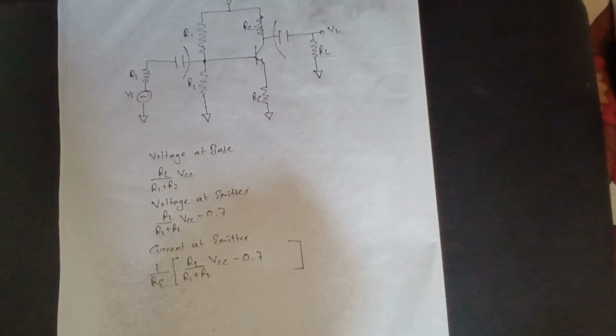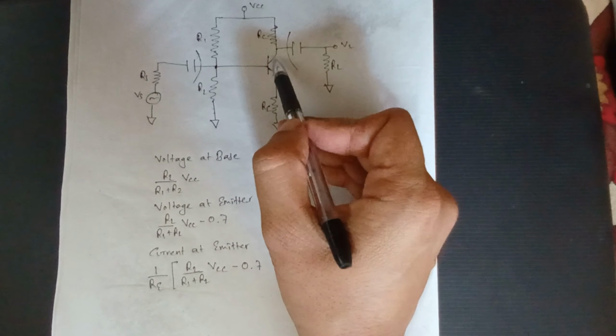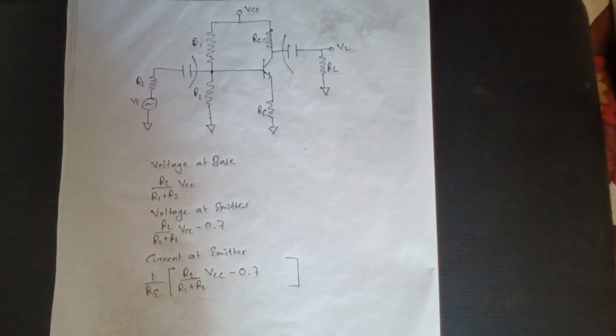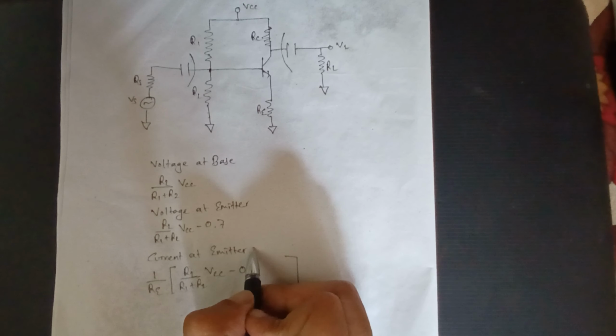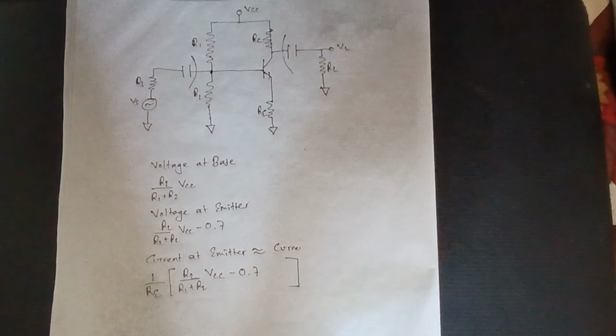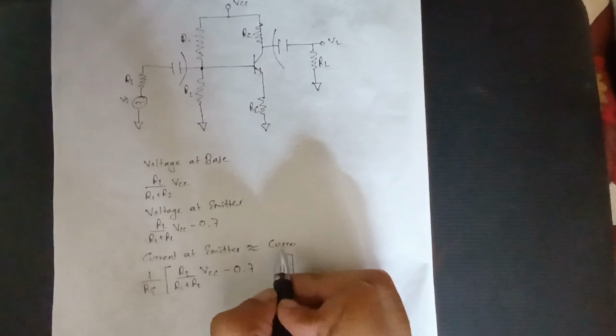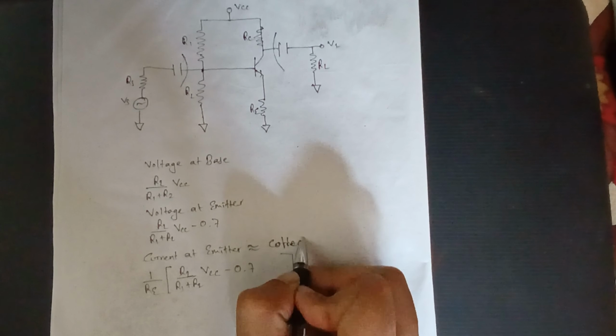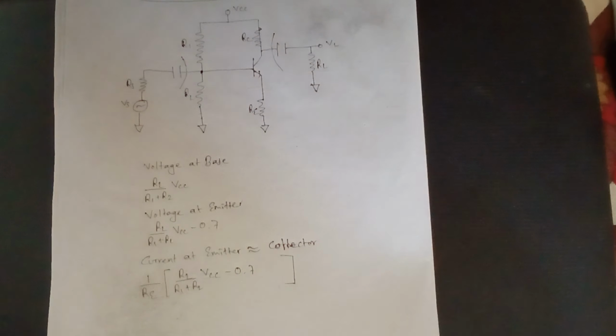We know that at the transistor, collector current and emitter current are nearly equal. So I'll just assume that the current at the collector is the same as the current at the emitter.